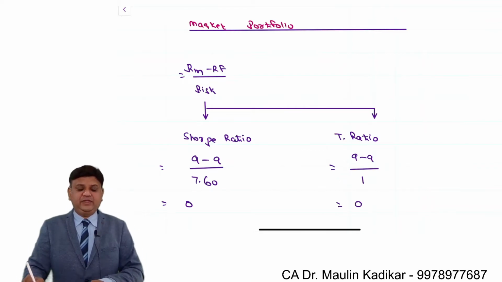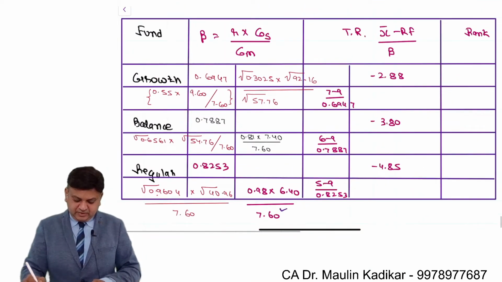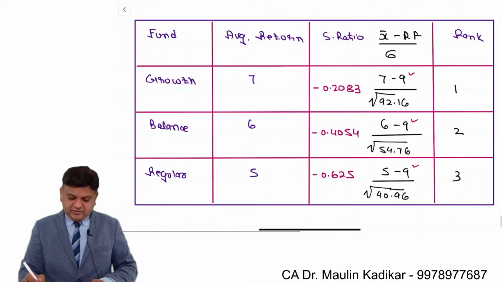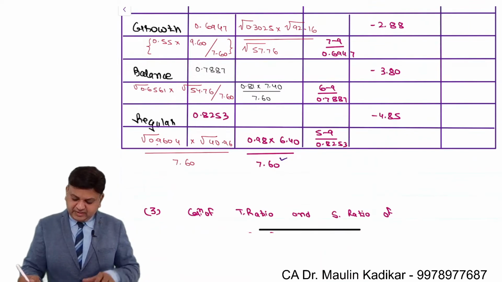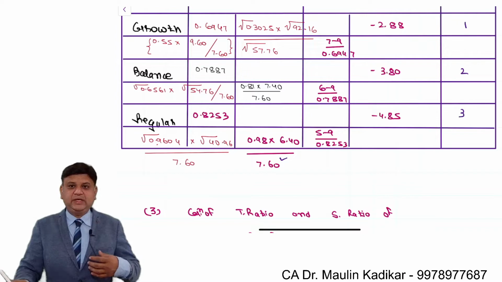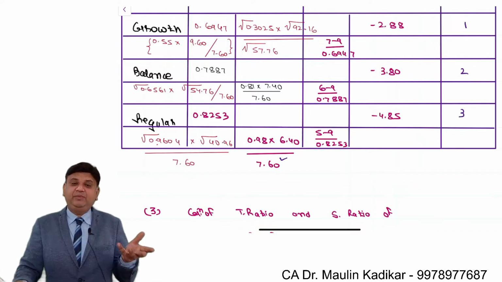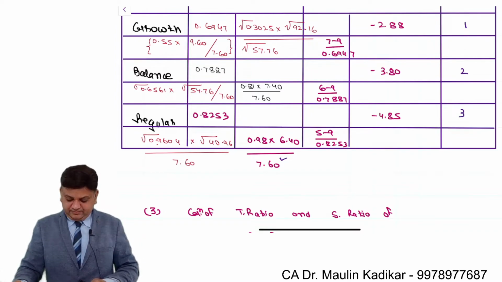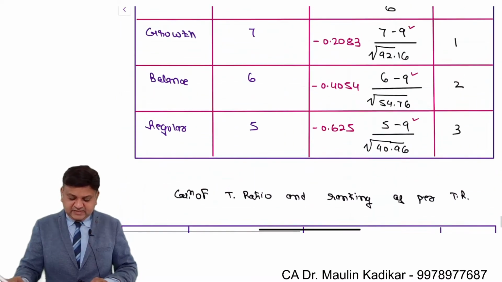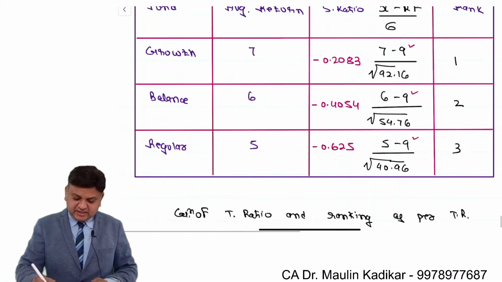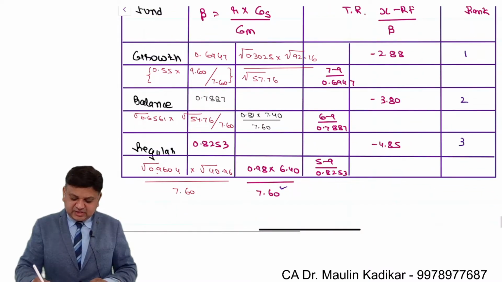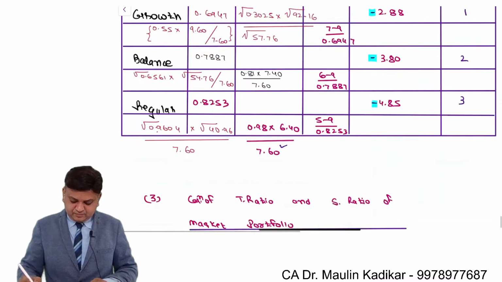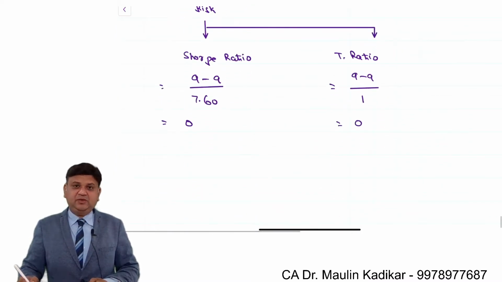Now what we can observe, friends, as far as Treynor's ratio is concerned, I forgot to give the rank over here. The ranks are 1, 2 and 3, because the lowest negative will be given the first rank and so on. Now we can see that these ratios are negative, and a negative value is less than 0.